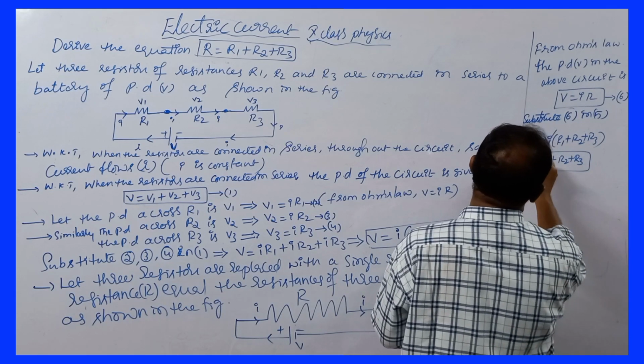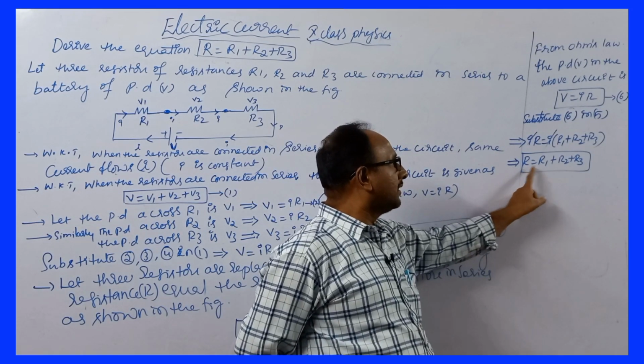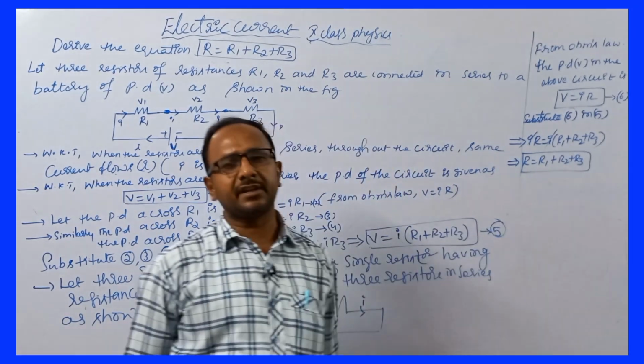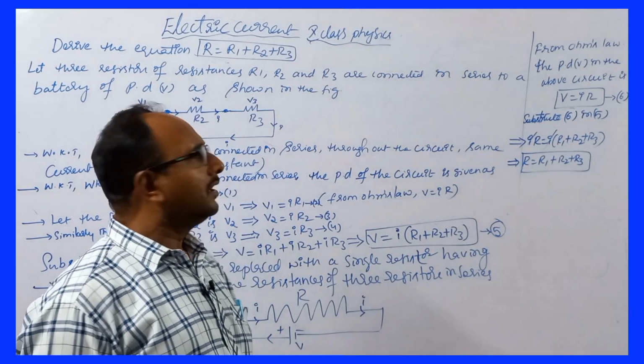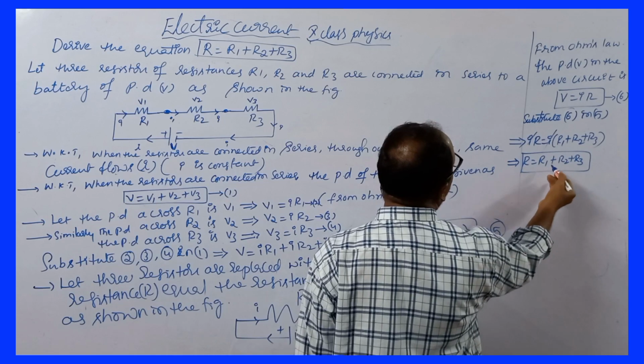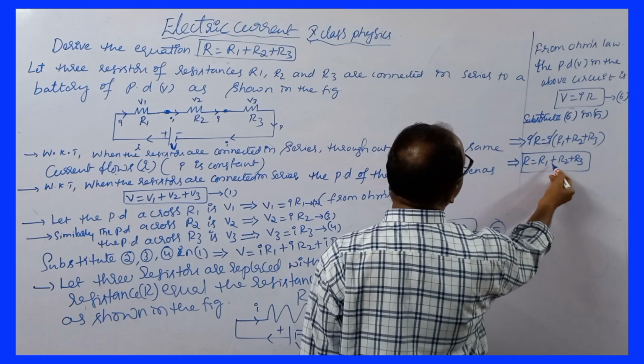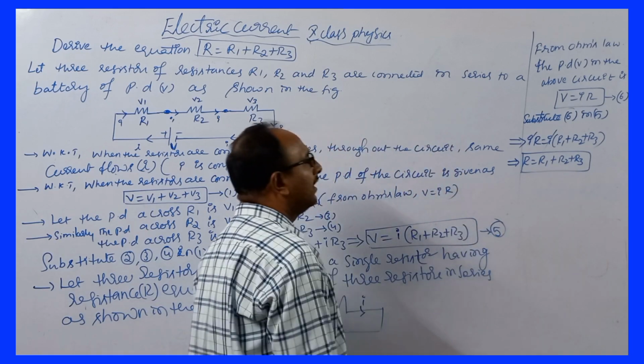This is the formula for resultant resistance when the resistors are connected in series. R is the equivalent resistance, resultant resistance or total resistance, which is equal to the sum of the individual resistances.